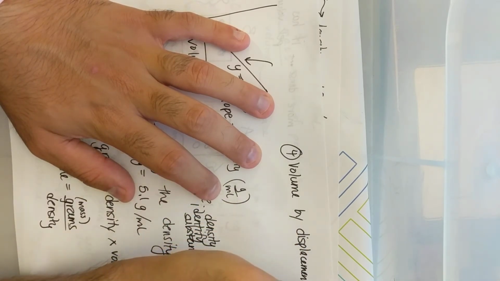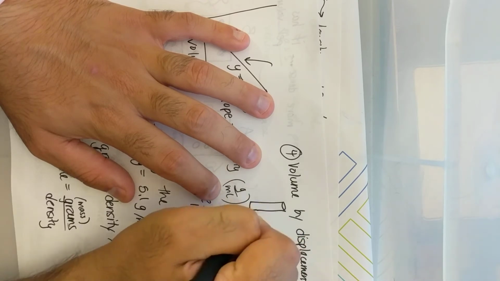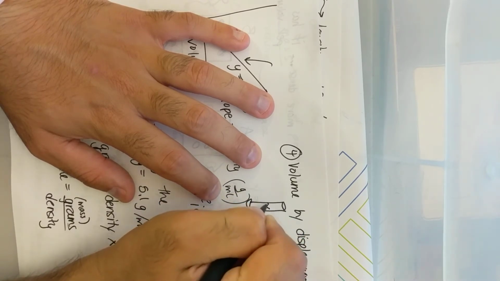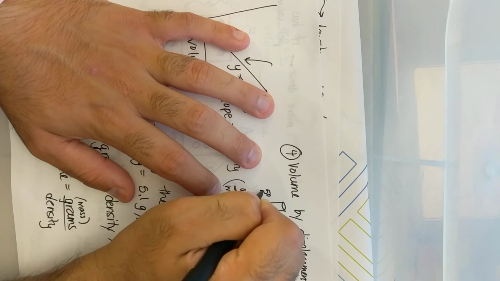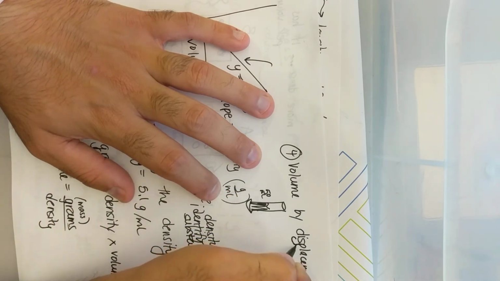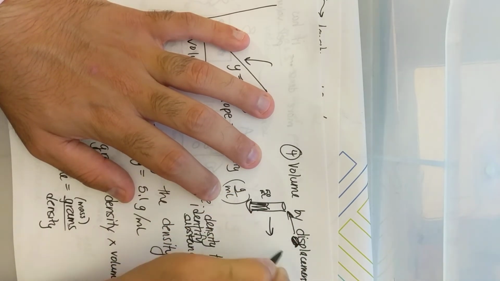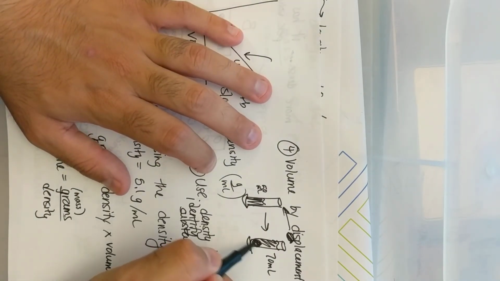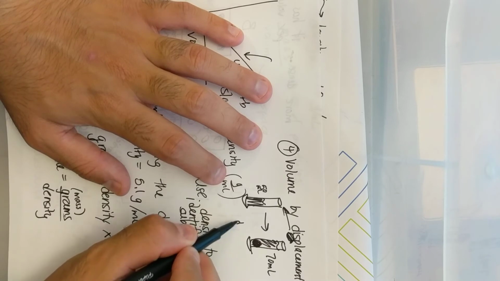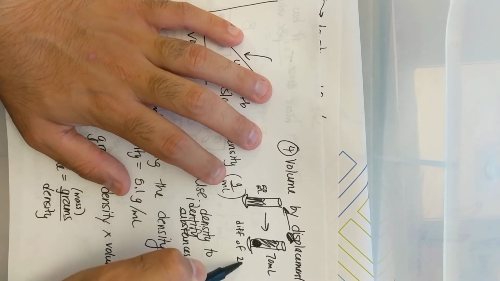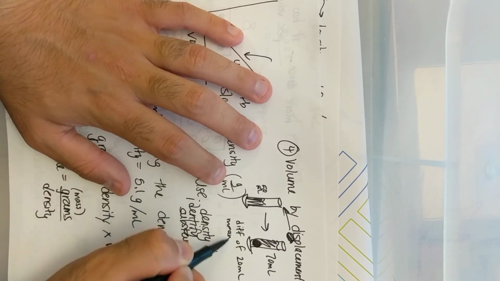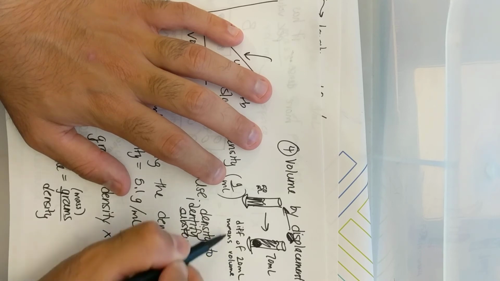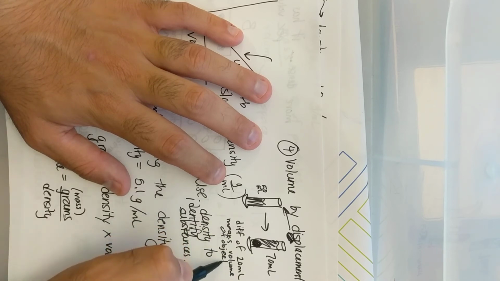If I put an object in a graduated cylinder in water, so if I have it at this level, let's say this is 50 milliliters, and the volume rises to about 70 milliliters, I should know that this difference of 20 milliliters means the volume of the object is 20 milliliters.